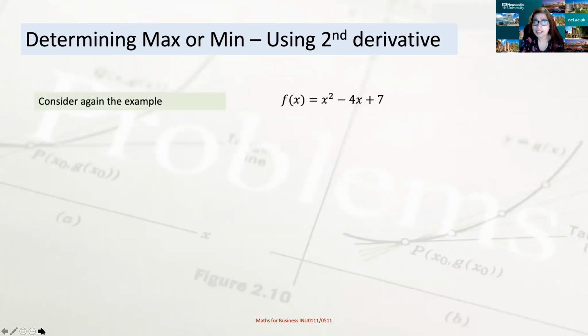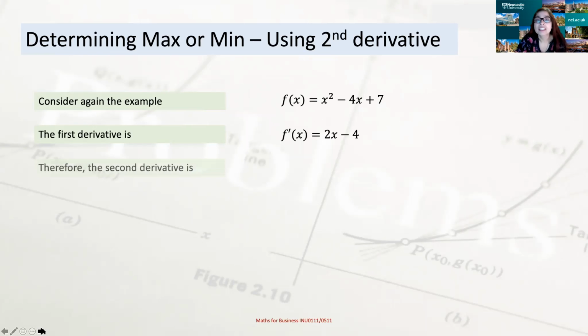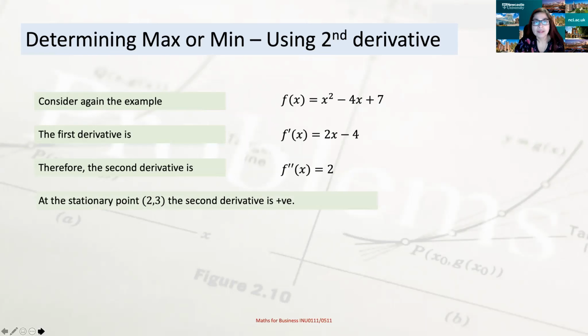So let's do an example. Let's take the same parabola example which we did now. We have found the first derivative. Then you differentiate it for the second time, that is, you find the second derivative, and you get 2. Now we see whether the second derivative at the stationary point is positive.